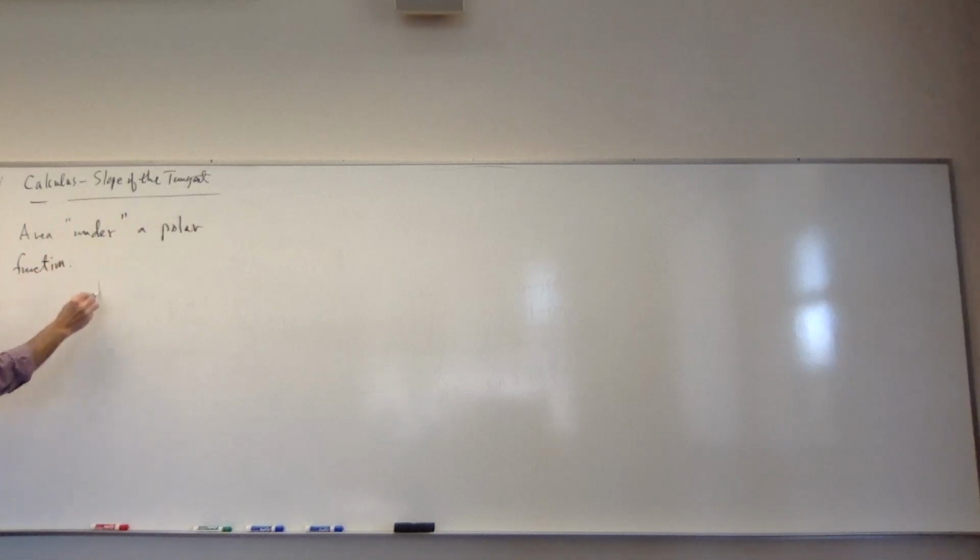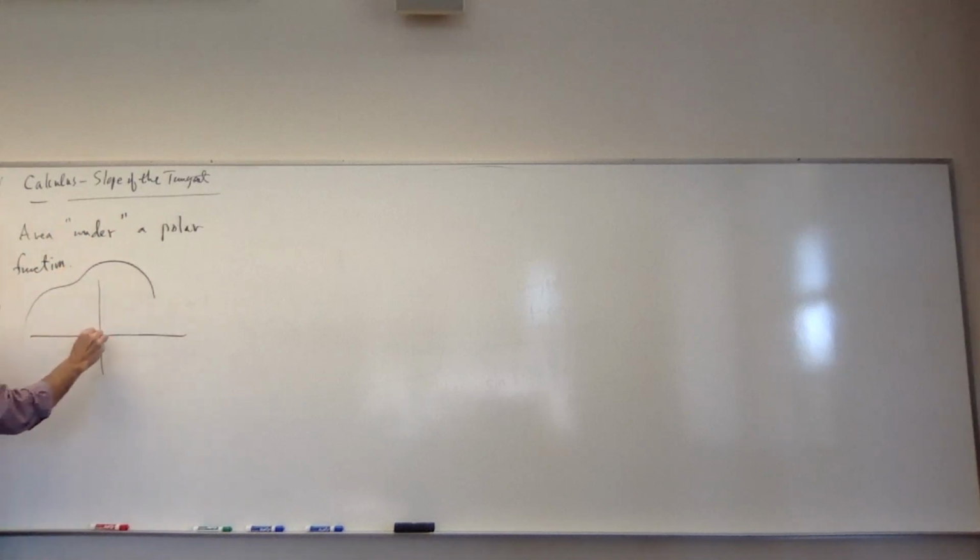Let me just show you a picture. So here's our curve. It's wrapping around the pole. That's how we think of it. We're going to start with some angle, call it alpha. And we're going to go over here to some other angle. We'll call it beta.